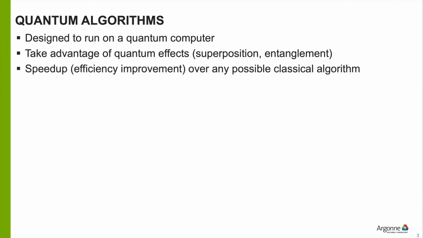It is based on principles such as superposition and entanglement, which are quantum principles, and your algorithms need to take advantage of that. What people are talking about nowadays is quantum supremacy or quantum advantage, where for a certain problem you get a speedup compared to the classical algorithms.